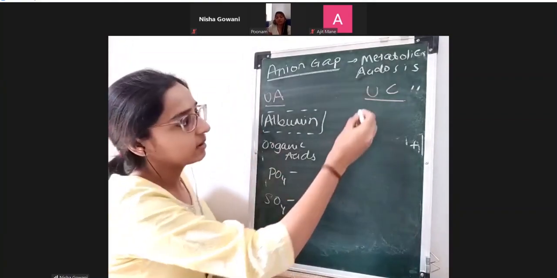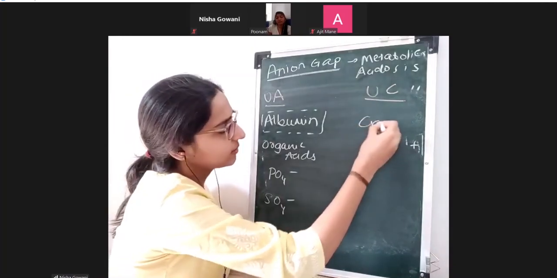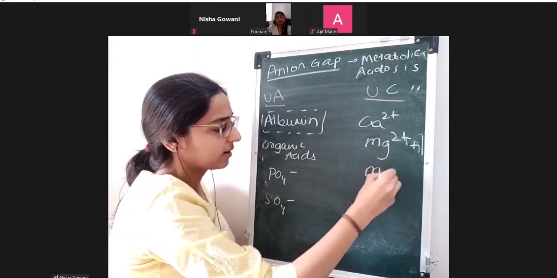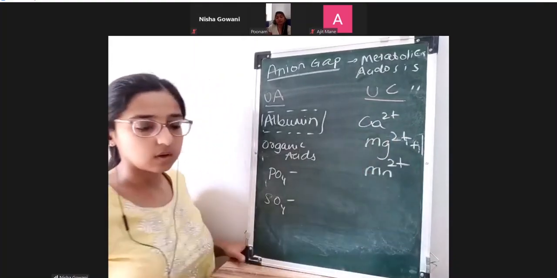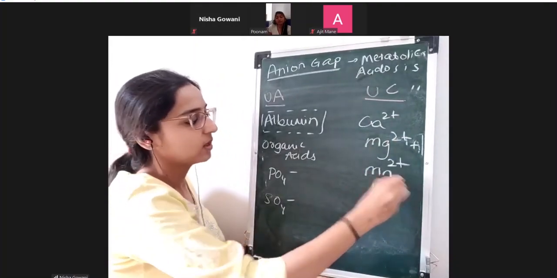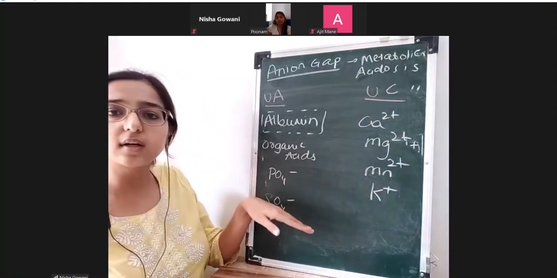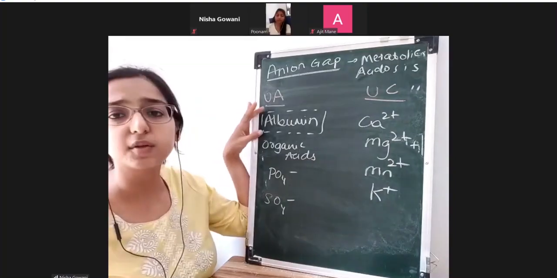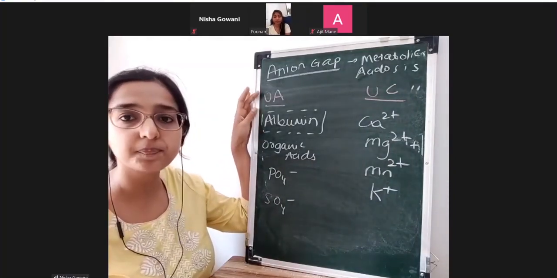Okay. Then what are the unmeasured cations? You have calcium, magnesium, manganese, and potassium. Now we'll understand what the influence of albumin is on this anion gap.